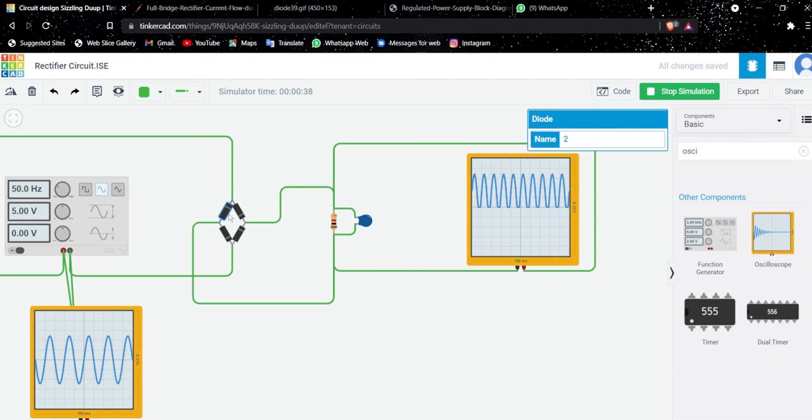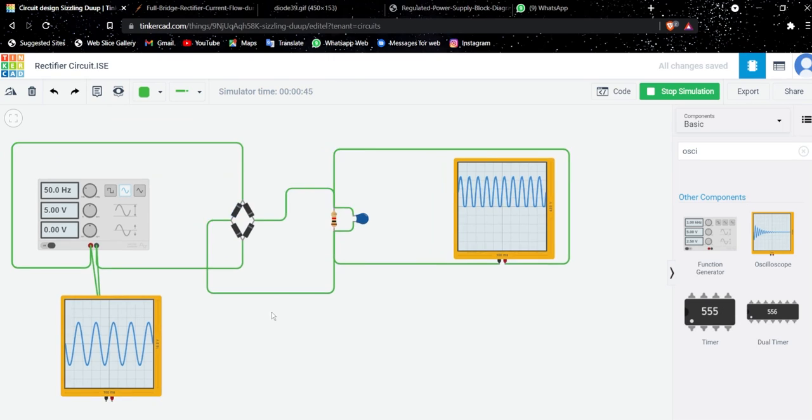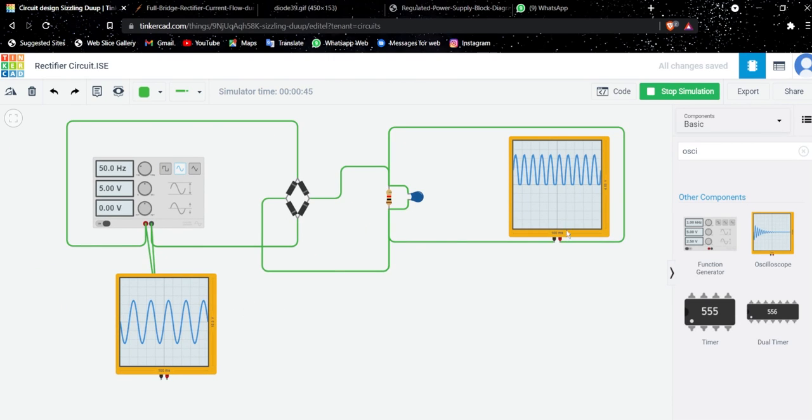Negative input is given to this, so it will flow from here, goes in this, and then returns to this, and then it comes again to the function generator. In this way, the full wave bridge rectifier rectifies the input AC signal to an output signal with no negative ripple, no negative waveform.